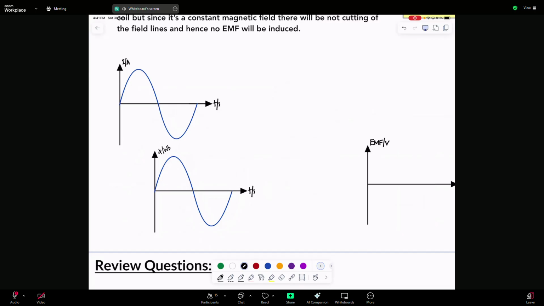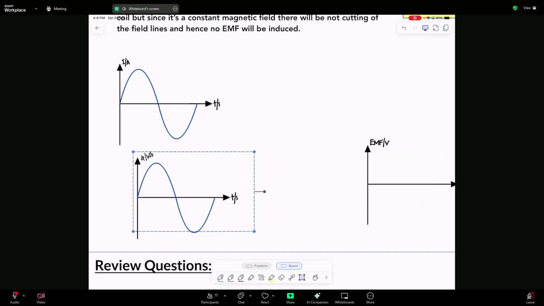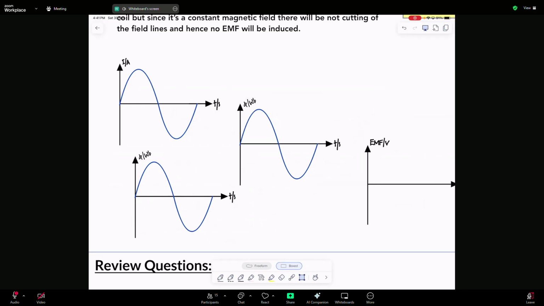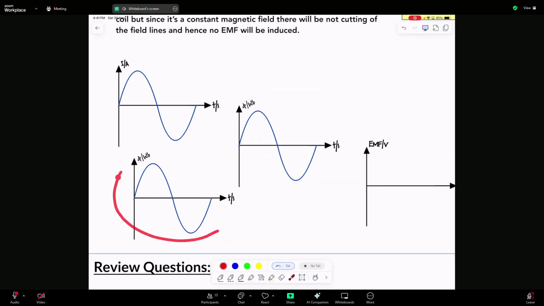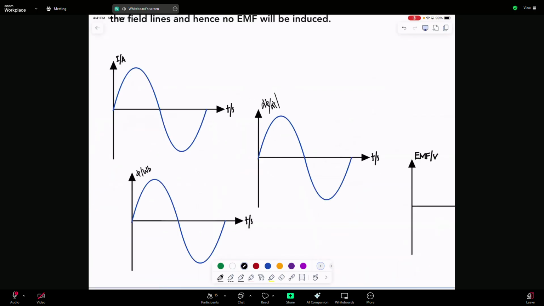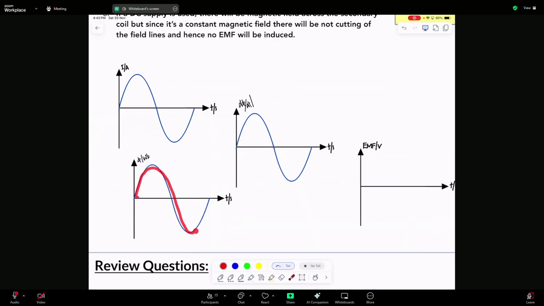But then to get from the magnetic flux to EMF you need to differentiate the phi graph. If you differentiate this you'll get this, which is going to be my EMF graph. So this is the d phi by dt graph. Can you tell me what d phi by dt is going to be here? What's the differentiation of this curve?